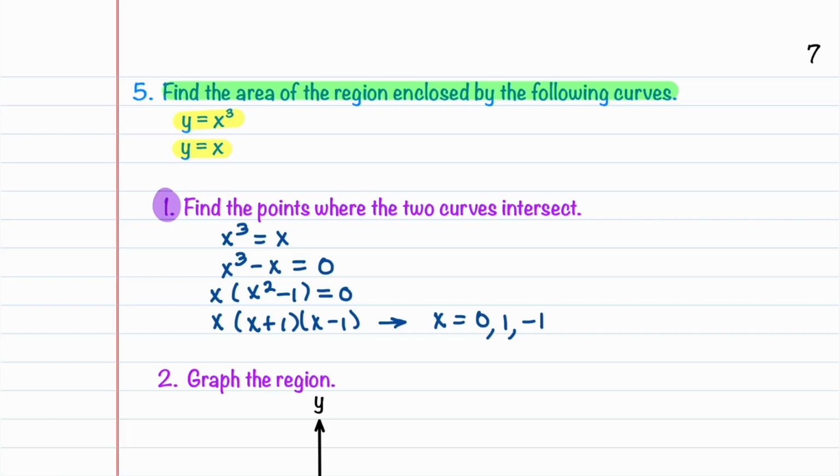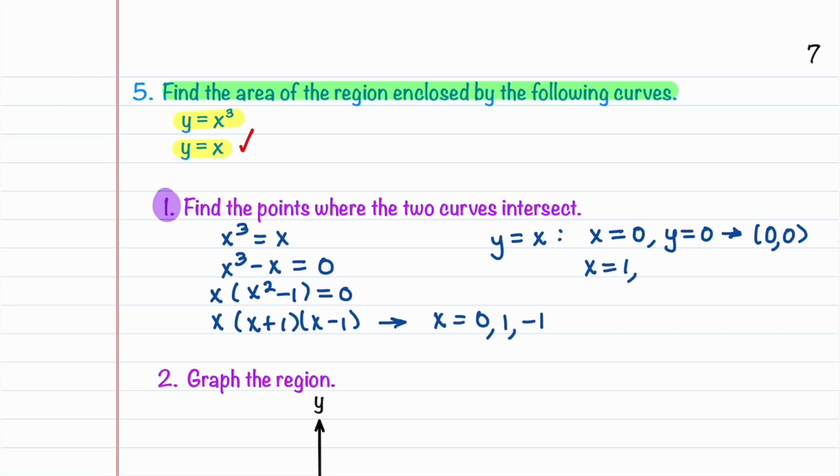We need to now find the y points that correspond to these x points. So let's choose the easiest curve, and that's y is equal to x. The other one would have been fine as well. When x is equal to 0, we get y is equal to 0, so we have the point (0, 0).